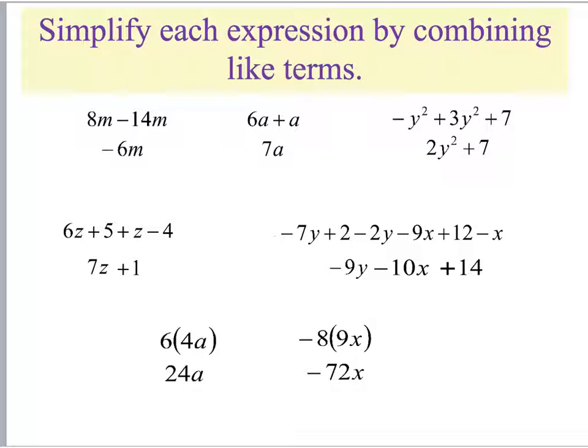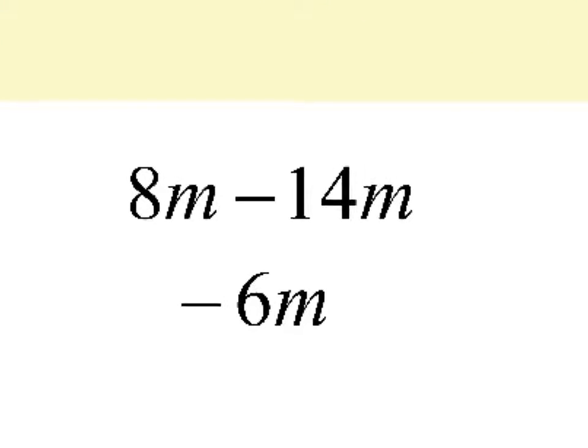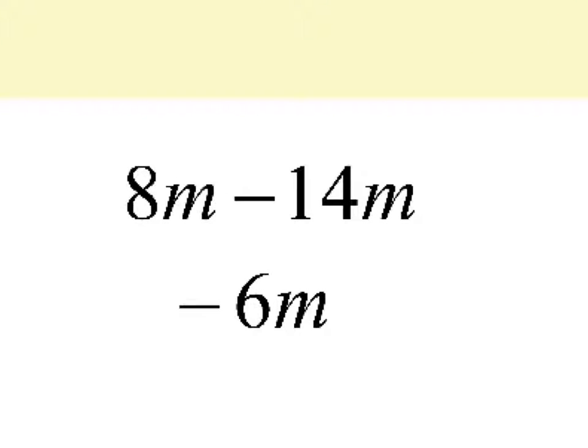So now if we're going to look at combining like terms, let's start with this 8m minus 14m. And so we see that they both have the same variable right here. The m are both the same, so we just combine the 8 and the negative 14, which is going to give us a negative 6m.